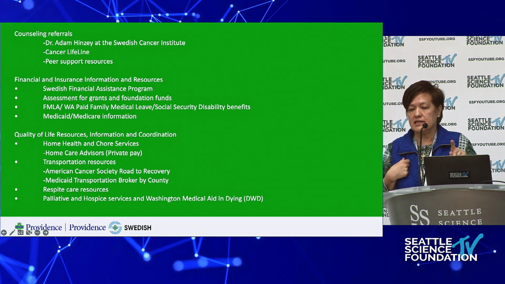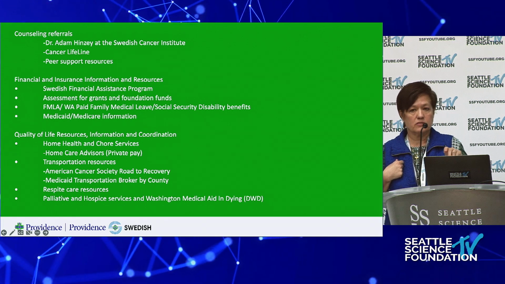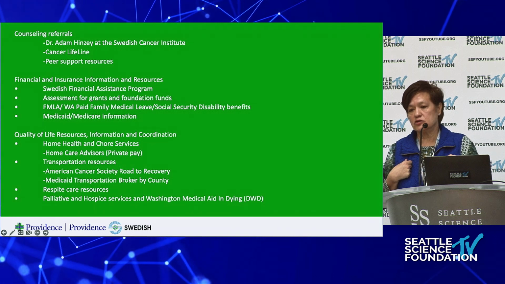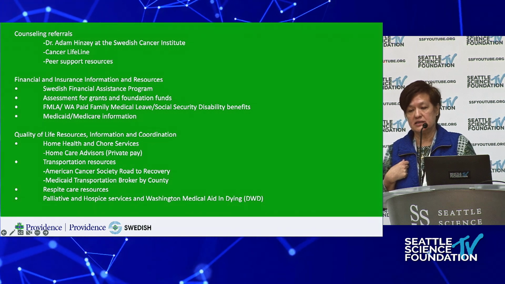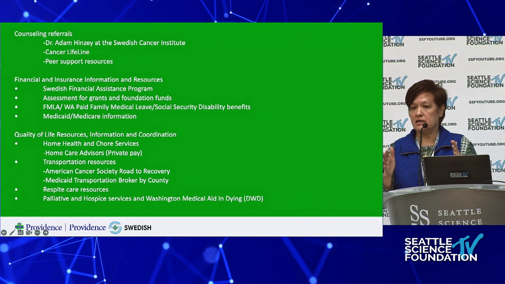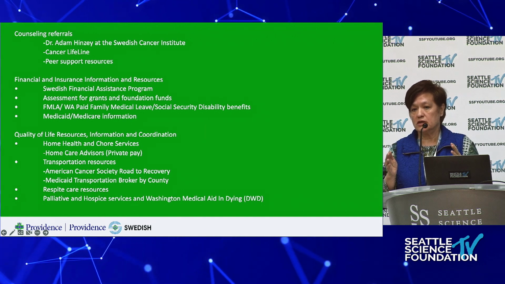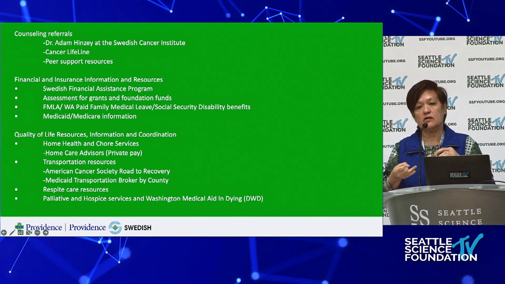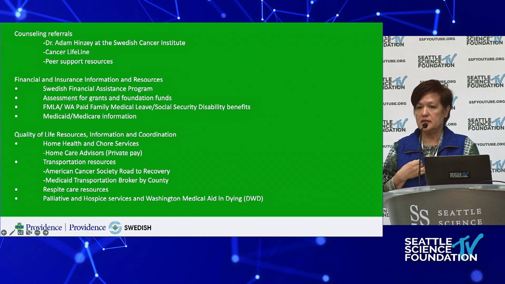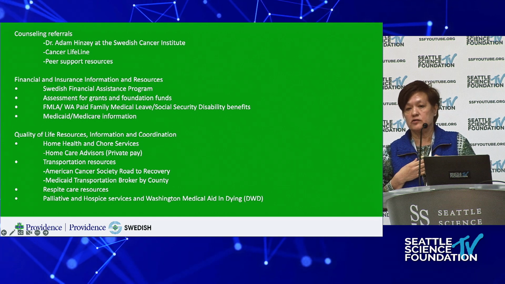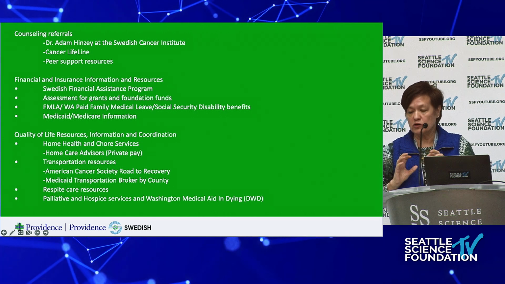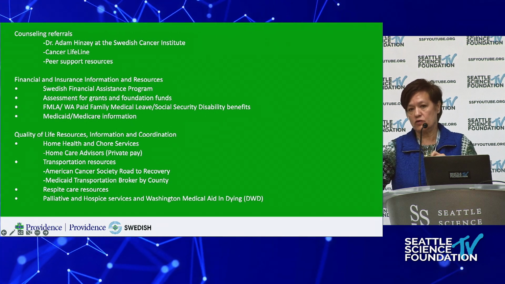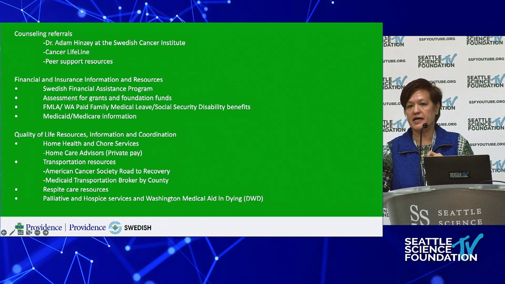One of the resources I really would like to talk about, and what a benefit he's been to our clinic particularly, is Dr. Adam Hinsey. He's a psychosocial oncology psychiatrist, and he provides short-term therapy and support to folks with glioblastoma. If folks are having difficulty coping or having difficulty with depression, our oncologists have done a great job, and Taylor Childs has done a great job of referring folks to Dr. Hinsey and trying to expedite getting our folks to see Dr. Hinsey for that extra benefit of a psychiatrist.